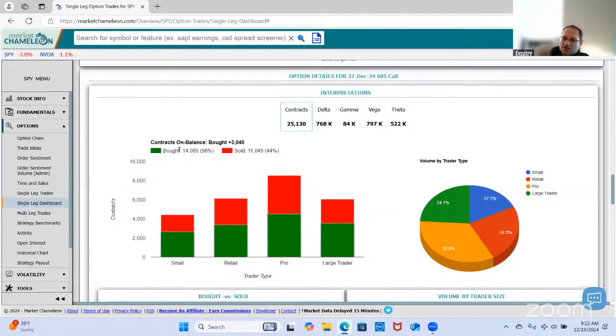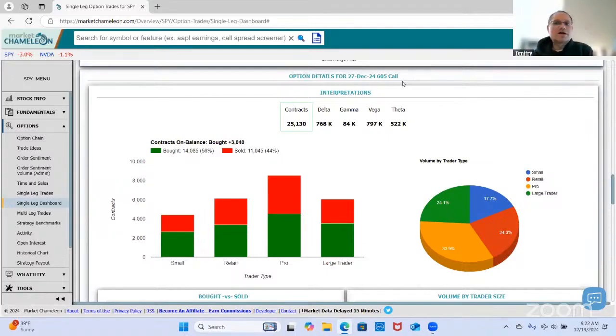So 56% of the order flow, our model estimates, were incoming buy orders, 44% sell orders, and this is a breakdown by order size type: small retail order type, proficient, and large trader.